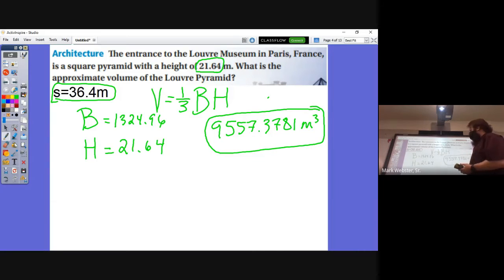So there we go. Once again, same thing like what we did on Monday, right? First, find the area of the base. Then identify the height. Multiply those together, and in this case, just divide by 3 and get your answer, okay?